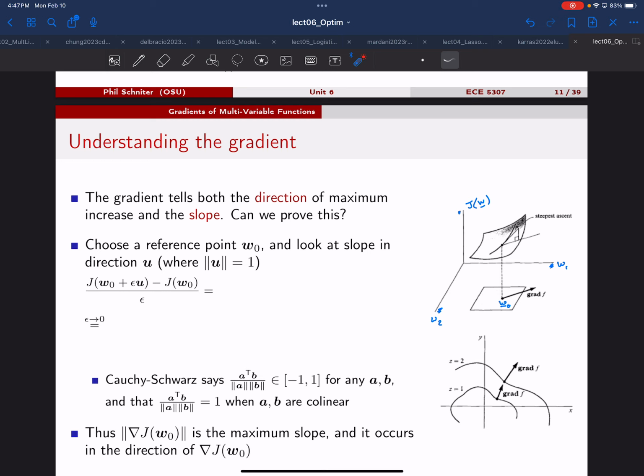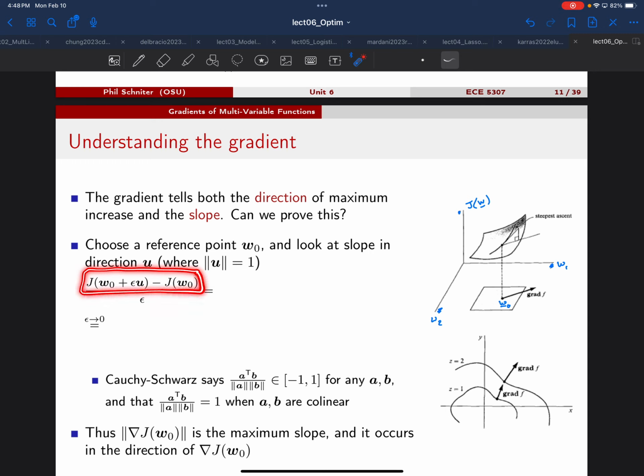It basically says, if I have this function and I move a tiny bit, so epsilon is a really small positive real number, if I move a tiny bit in the u direction, and I'm going to scale this u vector to be a norm 1 vector, so it just tells me some direction. Well, then the definition of this directional derivative is how far have I moved vertically?